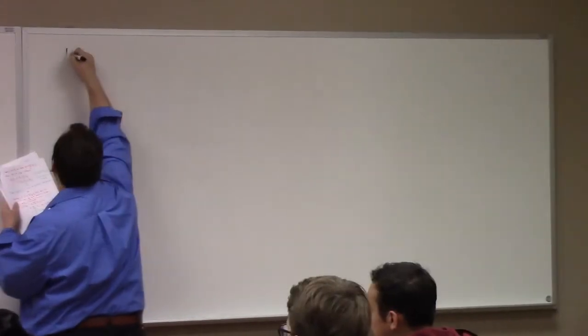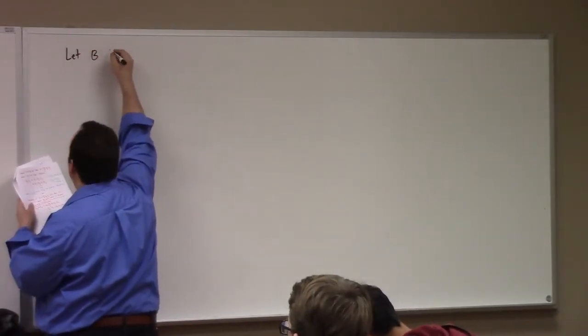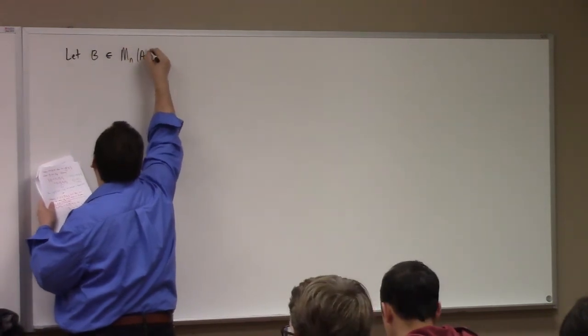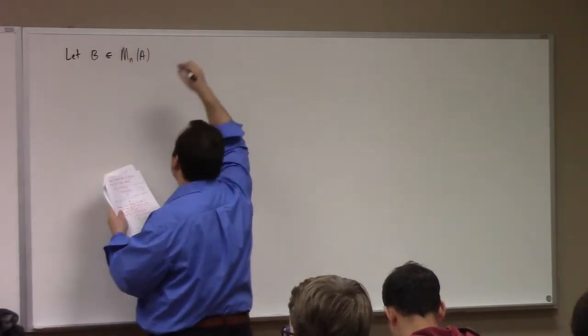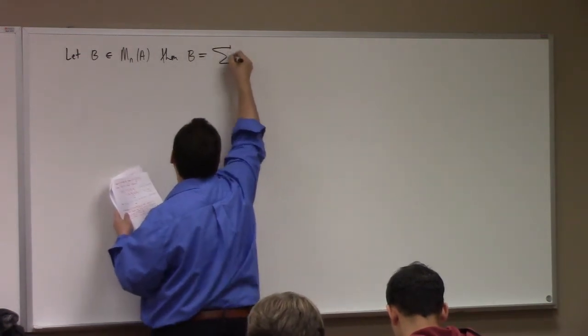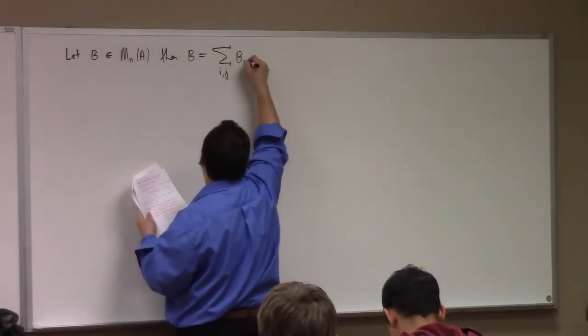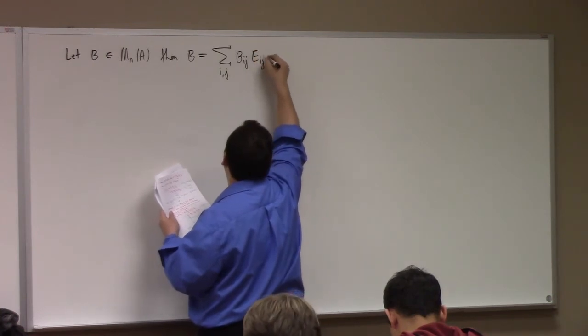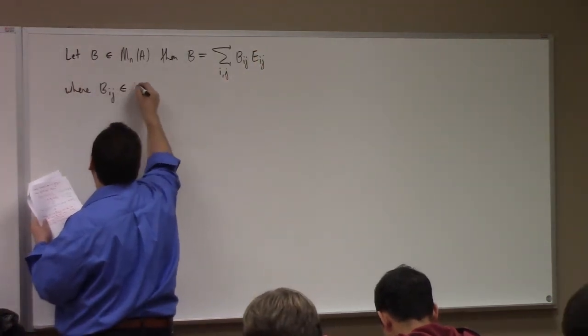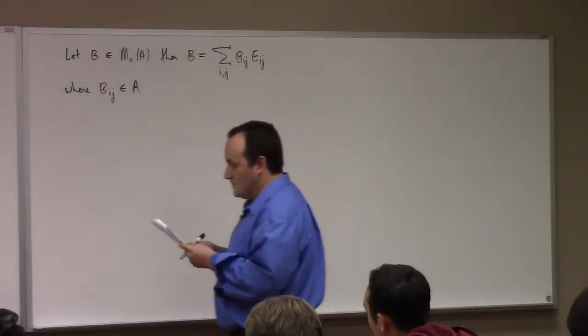So suppose B is an element of the n by n matrices over our ideal A. Then B is the sum over i and j of Bij Eij, where the Bij are in the ideal A.